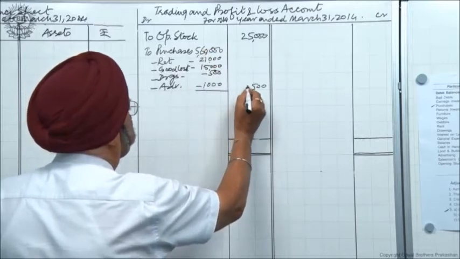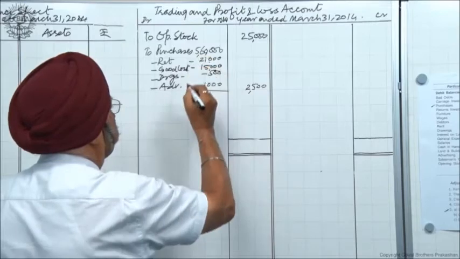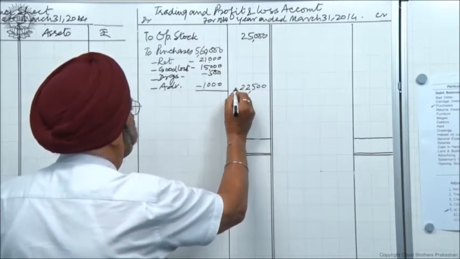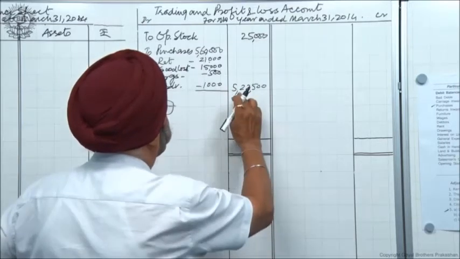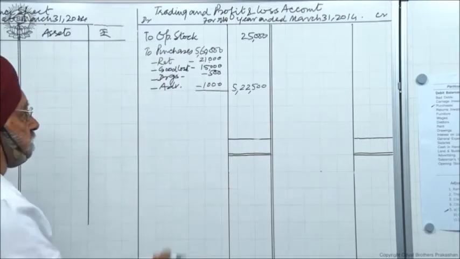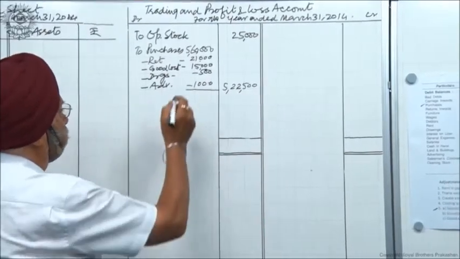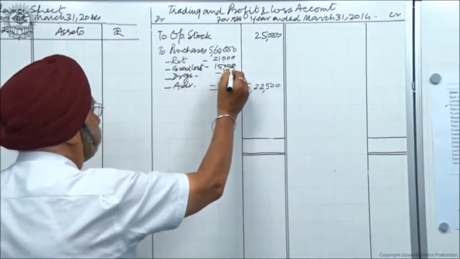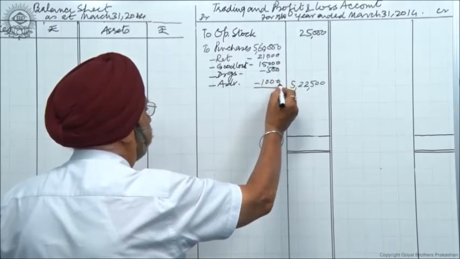So this is 5,22,500. This is the net figure after deducting returns, goods lost, drawings and advertisement.